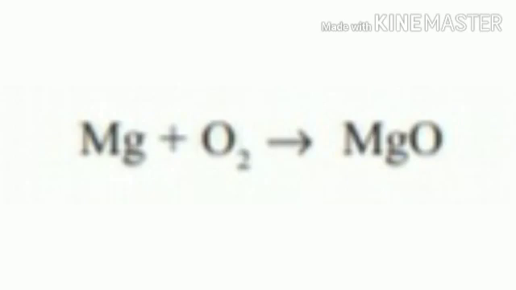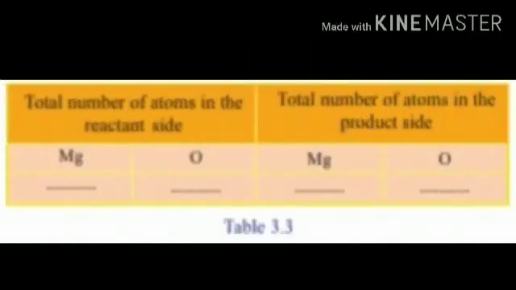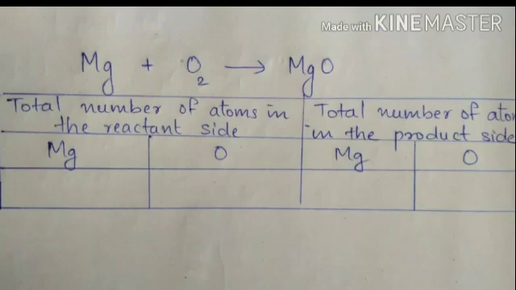So how will you balance this equation? As the first step, we have to draw a table showing the total number of atoms on the reactant and the product side. Let's write the number of magnesium and oxygen atoms present in the reactant as well as in the product.